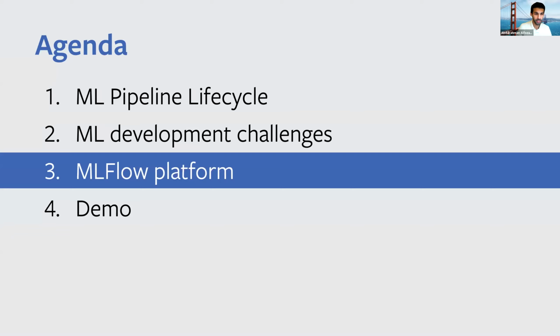In 2017, MLflow was first released at the Spark Summit. I remember it was there at the conference. The primary motivation behind MLflow is literally to address the development challenge we just mentioned.